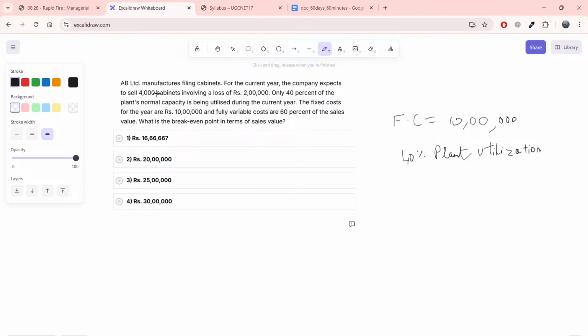The fixed and the fully variable cost at 60% of the sales value.